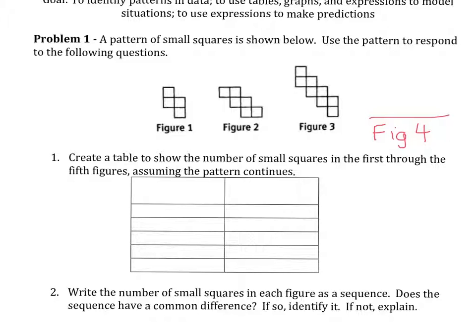On number 1, we're going to use the first column as figure number, and the second column is going to be the number of squares. So first draw figure 4, and then do 1, 2, and 3 with your partners. Can you handle that? You'll have about 5 to 7 minutes, so go ahead and do that.